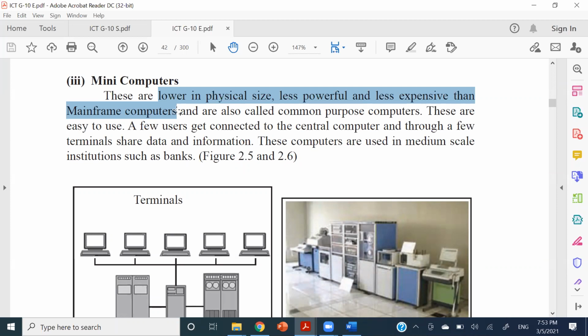So that is the second point. Also called common purpose computers.